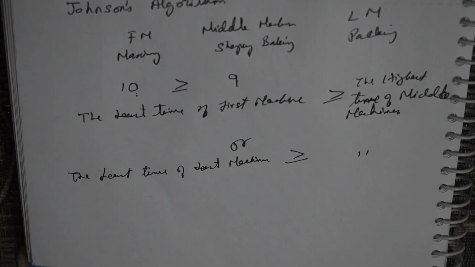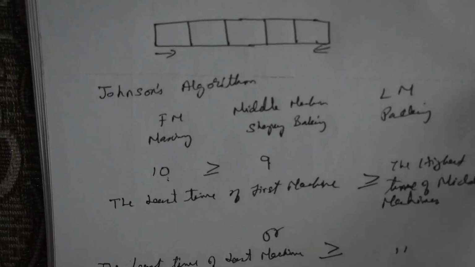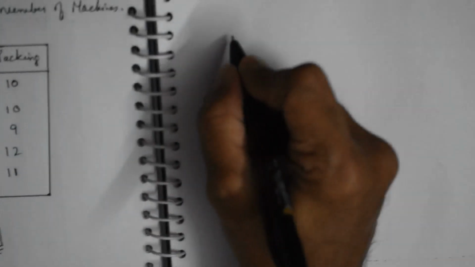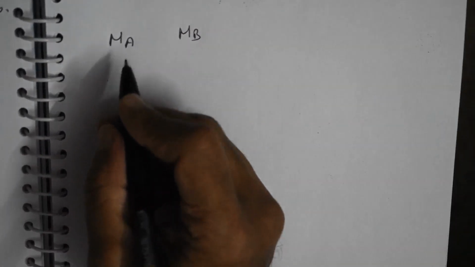So we have got the higher time in the first machine. I am going to proceed to the next step. The next step is, I am going to call them machine A and machine B. I am not going to call them mixing, shaping, baking, packing anymore.